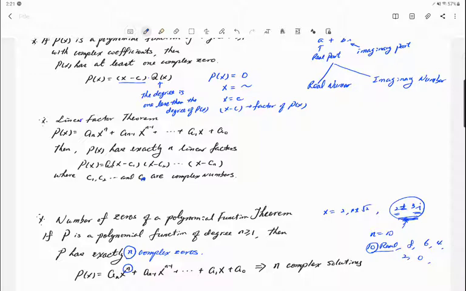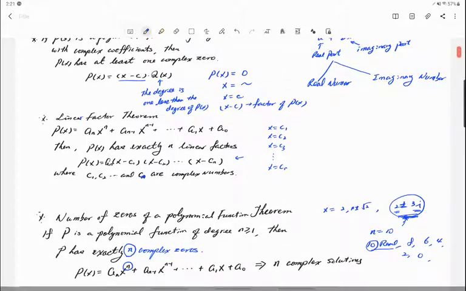Complex numbers can be real numbers only, or they may include the imaginary part. So there are exactly n complex solutions, so there are exactly n factors. So x equals c1, x equals c2, x equals c3, x equals cn, right? There are n complex solutions.